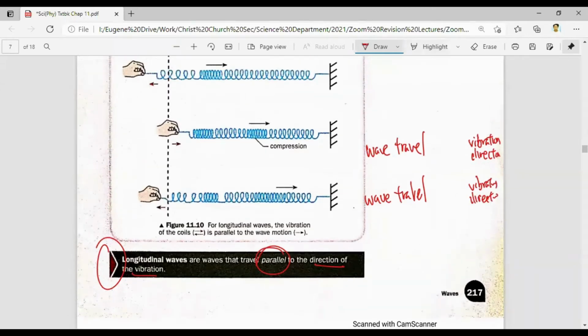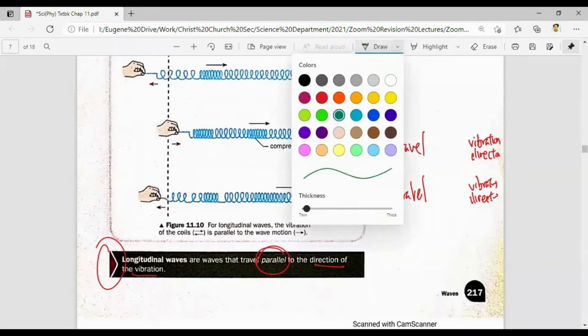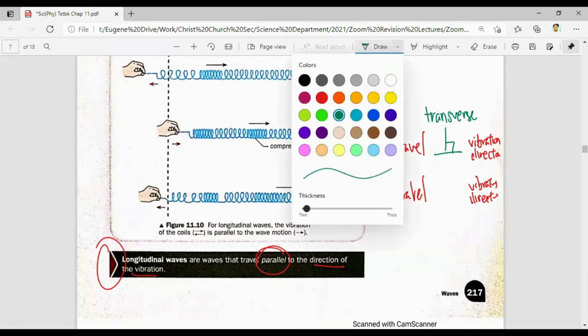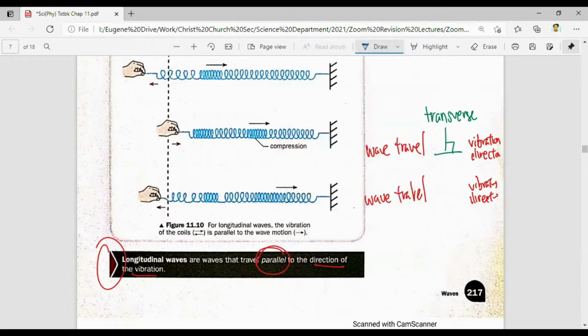Now, if the wave travel and the vibration direction are perpendicular to one another, then we say this is a transverse wave. So realize I'm trying to show you that the wave travel and direction of vibration is consistent. It is just really whether it is perpendicular or parallel. So if it is parallel, then we will term it a longitudinal wave.